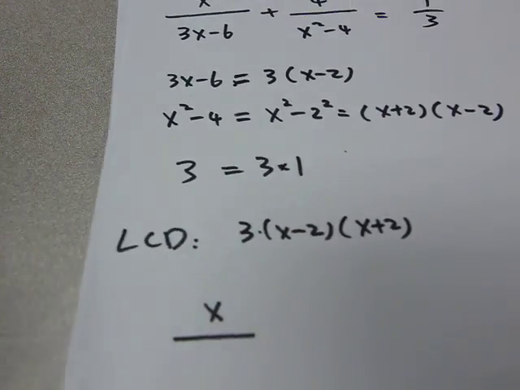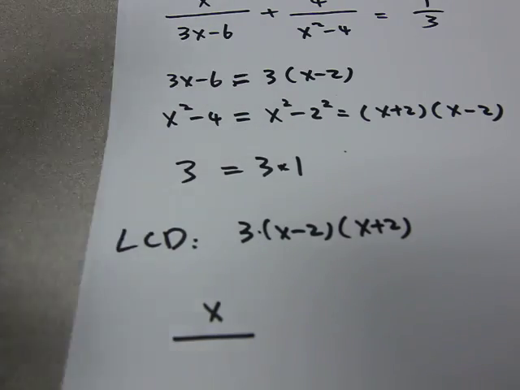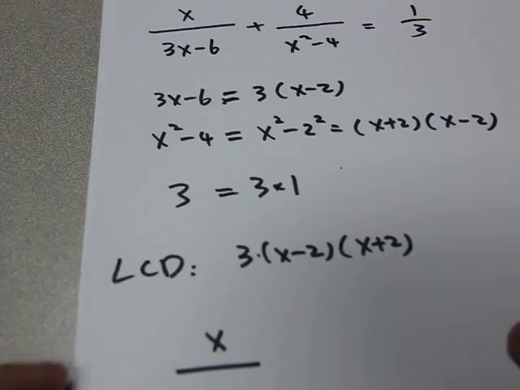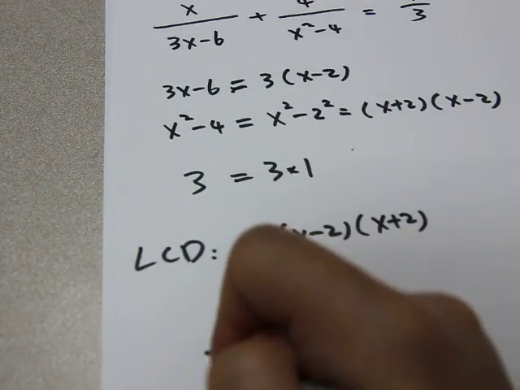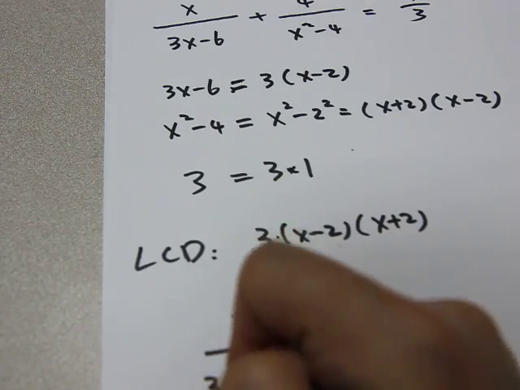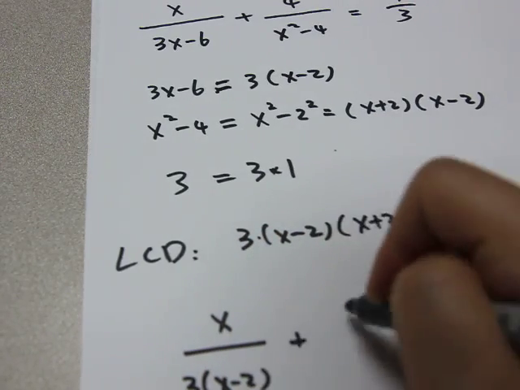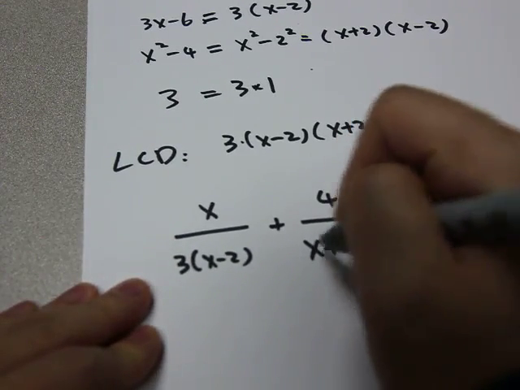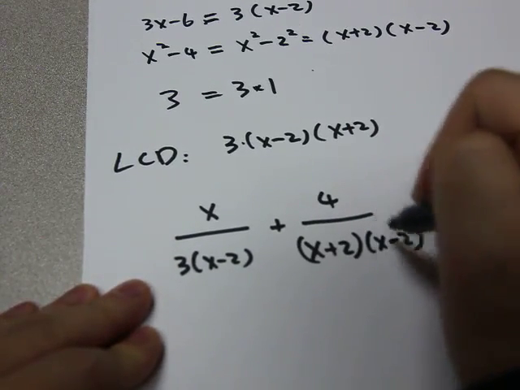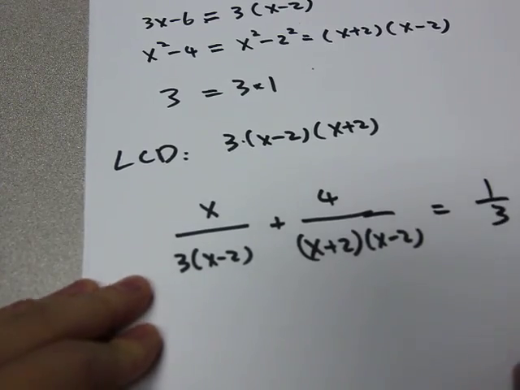So therefore, it will be easy for you to see, okay, after you multiply each side by the least common denominator, which factors should we cancel? So over here we have x over 3 times x minus 2 plus 4 over x plus 2 times x minus 2 equals 1/3.